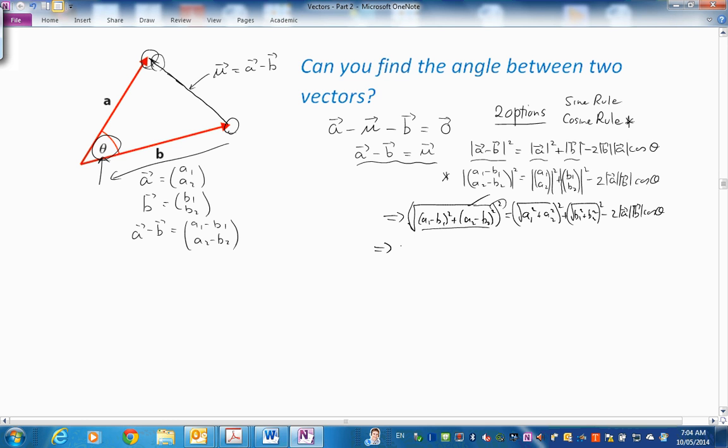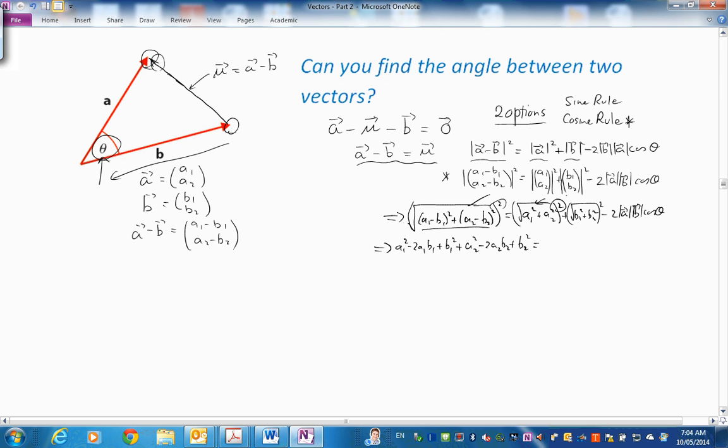So let's expand that. This would be A1 squared take 2A1 B1 plus B1 squared. And the same here, A2 squared take 2 A2 B2 plus B2 squared. And that equals, now same thing here, the square, if you like, cancels out the root sign.